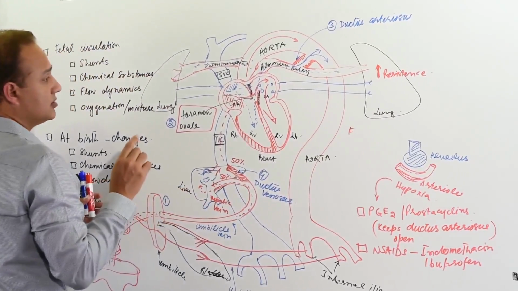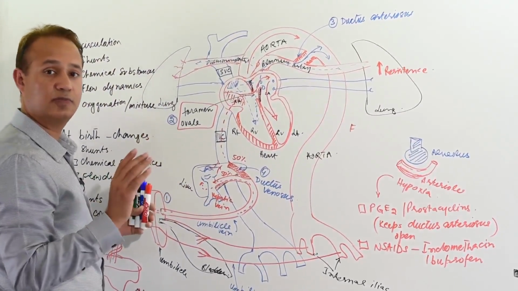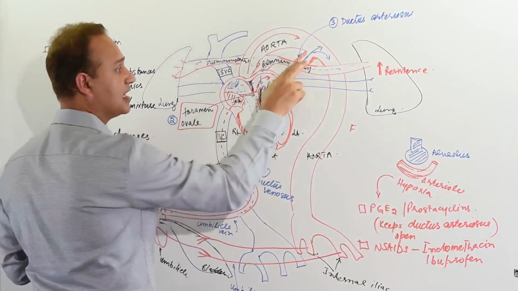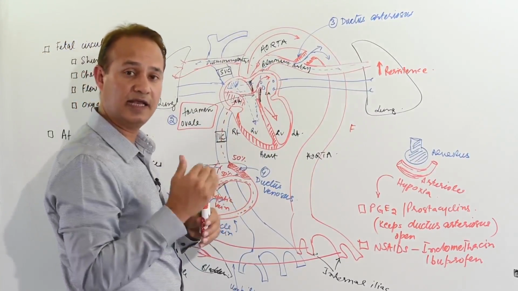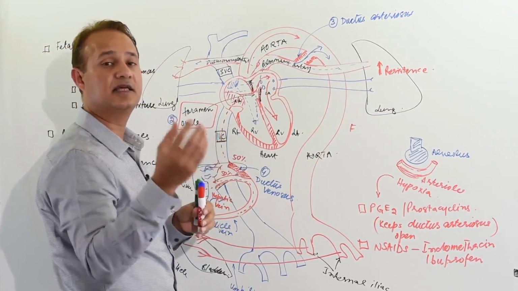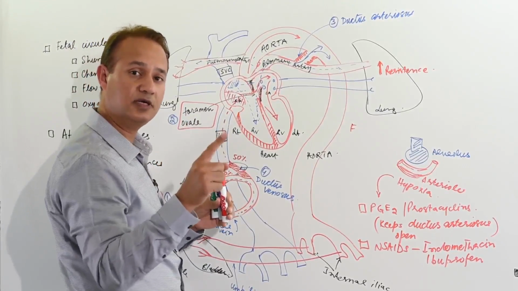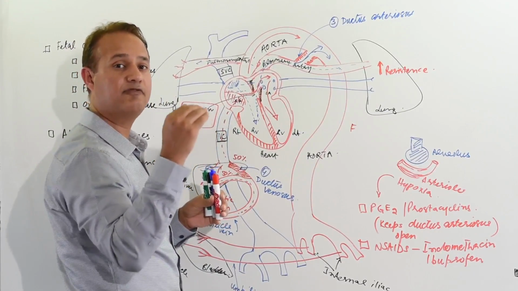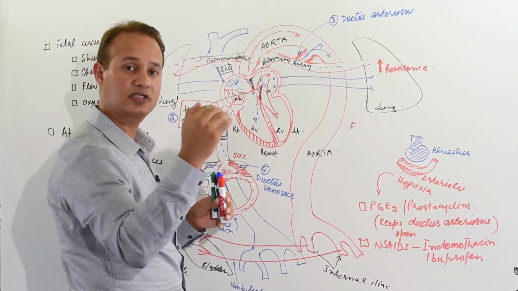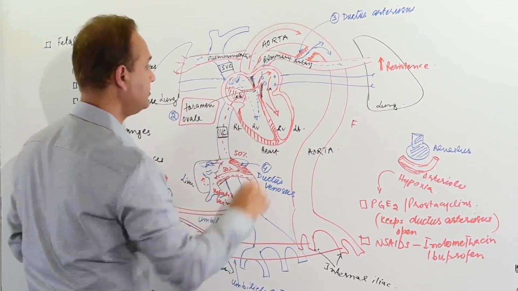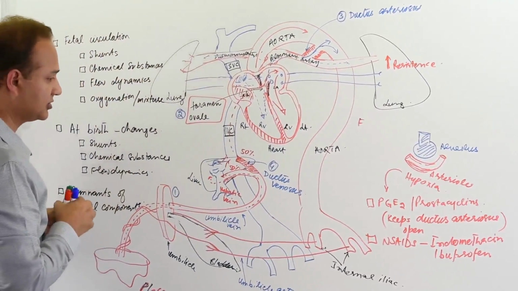Now, in addition to that, oxygen also plays a role. Hypoxia keeps the ductus arteriosus open, and oxygen above 50 millimeters of mercury would close it down. So that's about the ductus arteriosus.